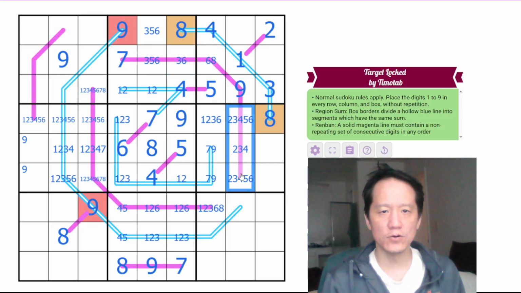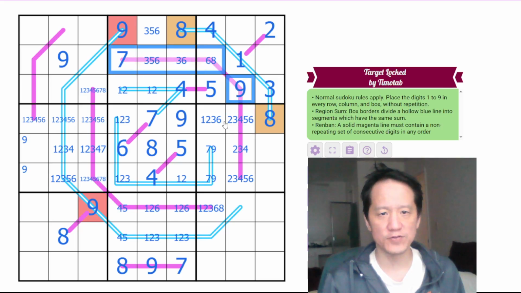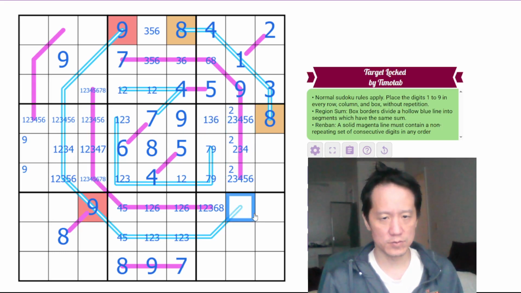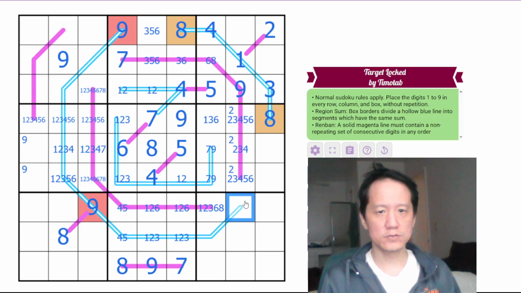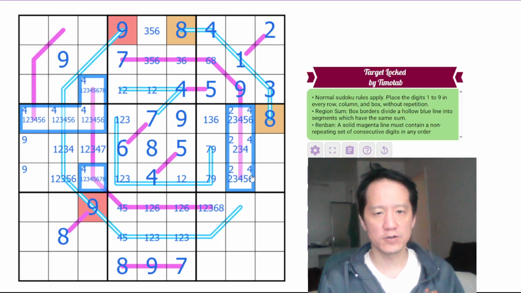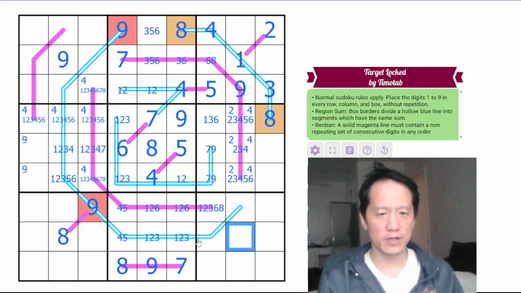We know where is the 2. The 2 on this Renban cannot be any of these 5, so it must be here. So this can't be 2. Where's the 4? The 4 also has to be here. On this Renban, one of these is 3, one of these is 6.